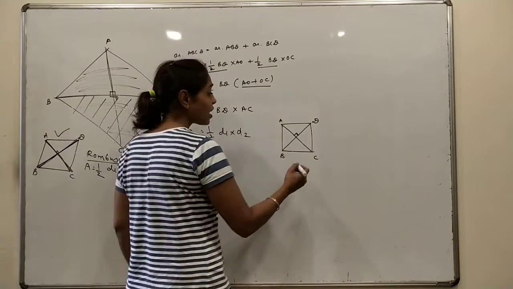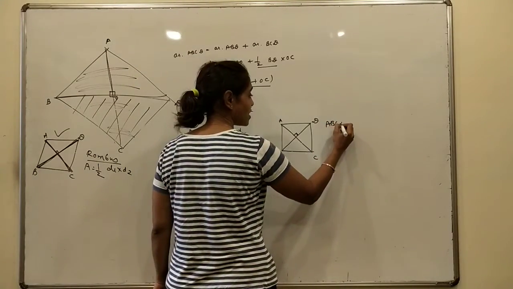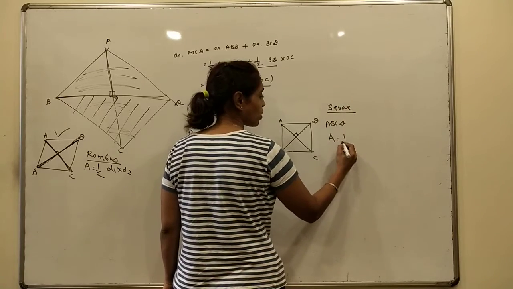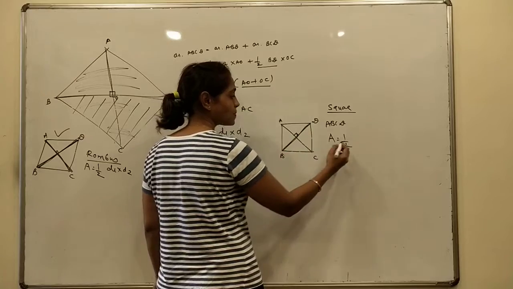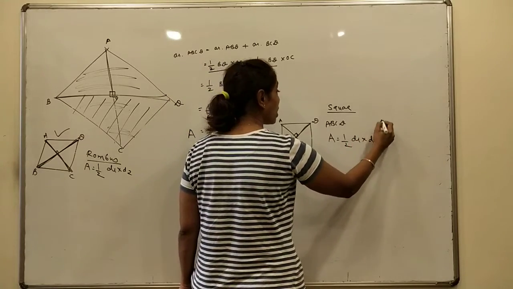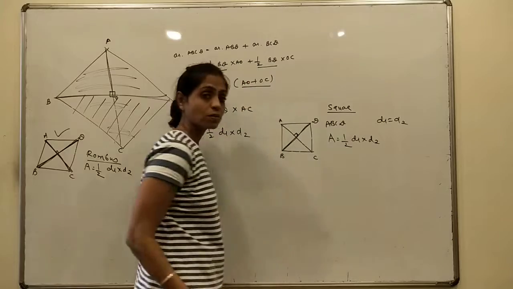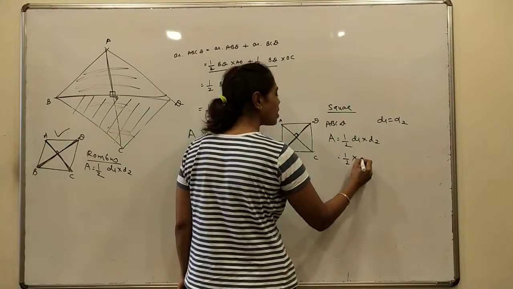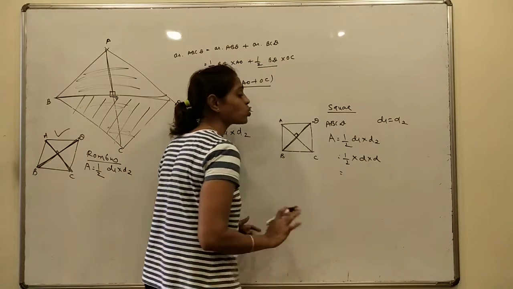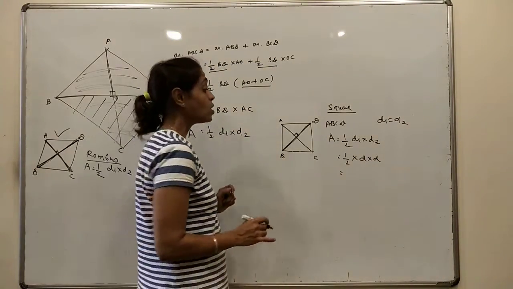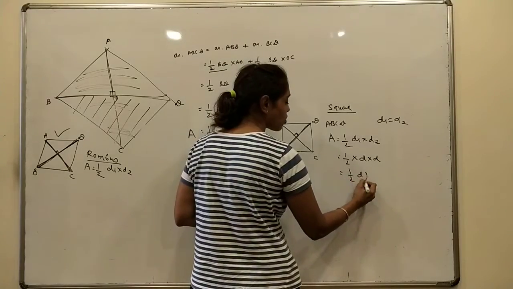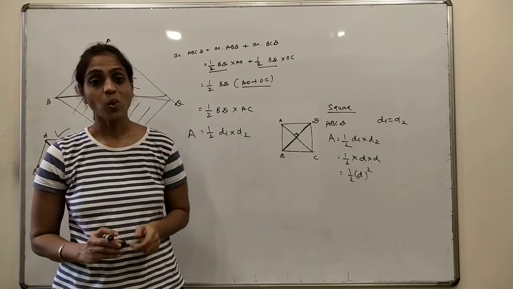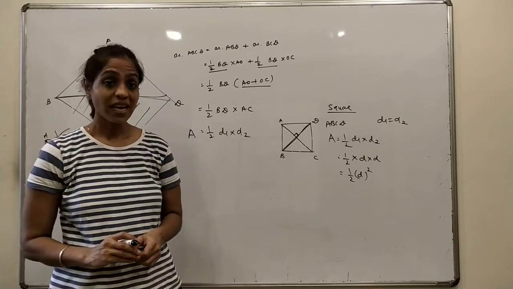So the area of square ABCD, if it is a square, the area equals 1/2 of diagonal 1 into diagonal 2. But diagonal 1 equals diagonal 2. Both the diagonal lengths are same. So we can say only diagonal into diagonal, no 1, 2, because both the diagonals are same. So the area is 1/2 of diagonal squared, the area of square.